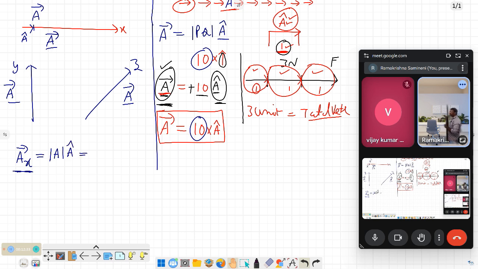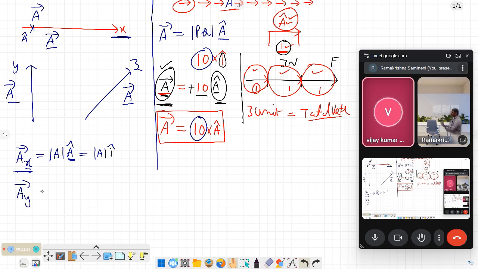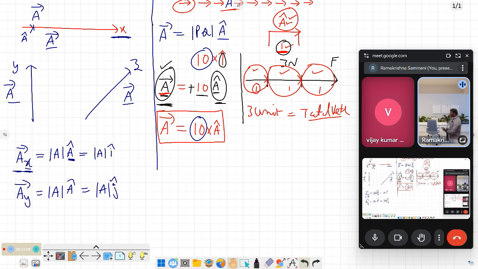Now this a cap, what direction is it? According to the fixed coordinates x, y, z, if you know the vector is exactly along the x-axis, I can write it as mod A into i cap. i is one of the unit vectors. If the vector is along the y-axis, we write mod A into j cap, not i.